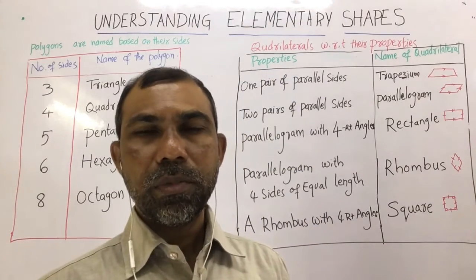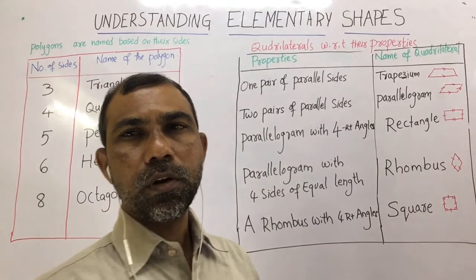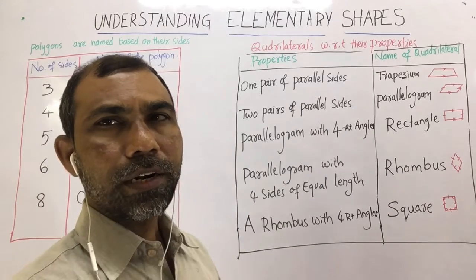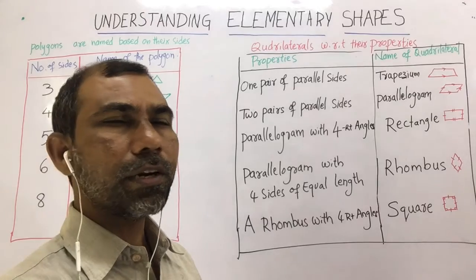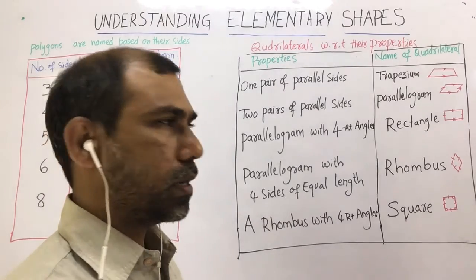We can have different types of quadrilaterals too. Based on the properties the quadrilateral has, we classify the quadrilaterals into different categories.